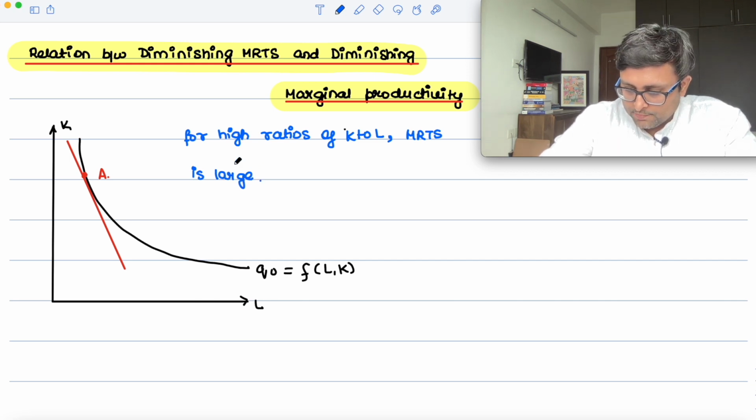MRTS is large. What does it indicate? That you can give up high amount of capital to get one more unit of labor.